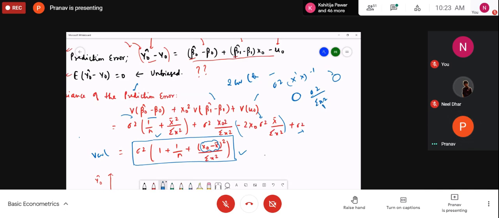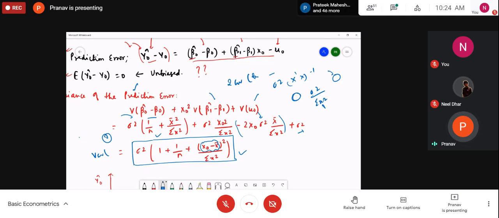What it means is that if the unknown x value you have taken is farther away from the mean of x, that is, if the observation around which you're trying to predict the future values of y lies much away from the mean of the sample points, the larger will be the variance of the prediction error.